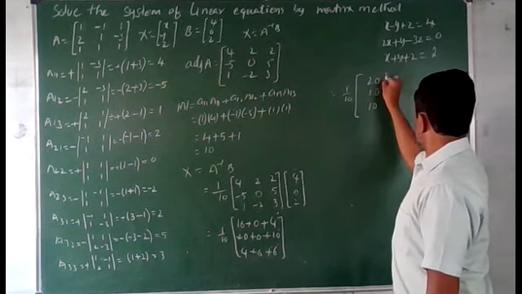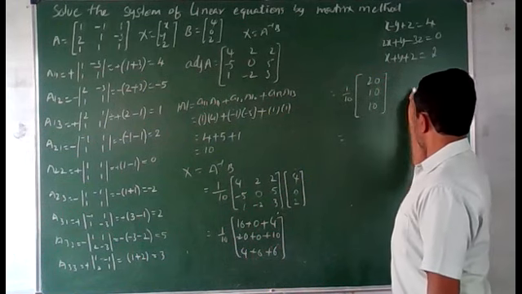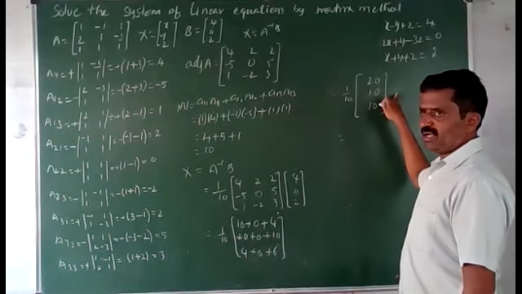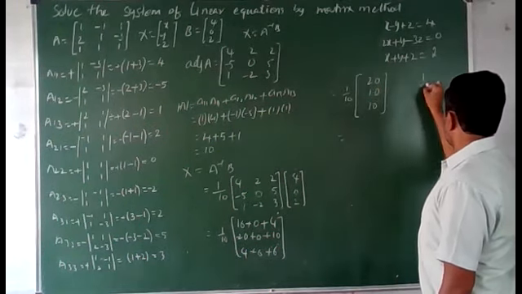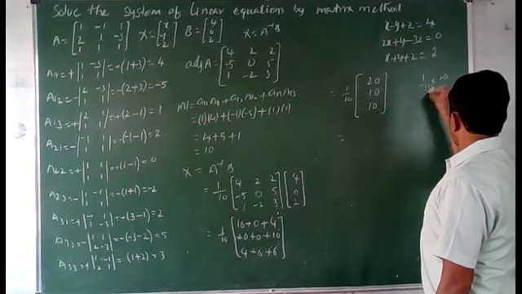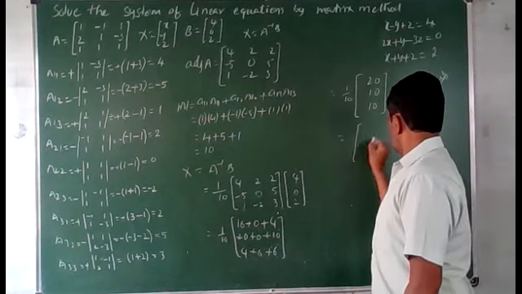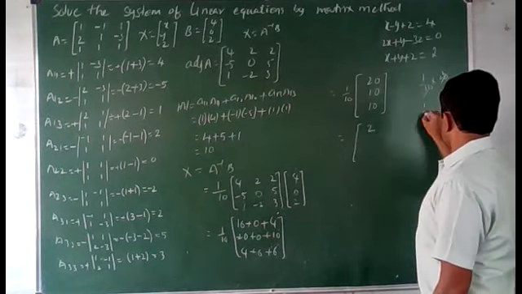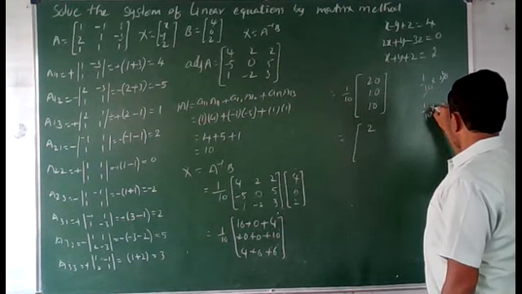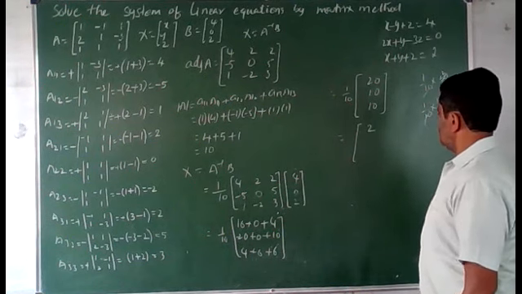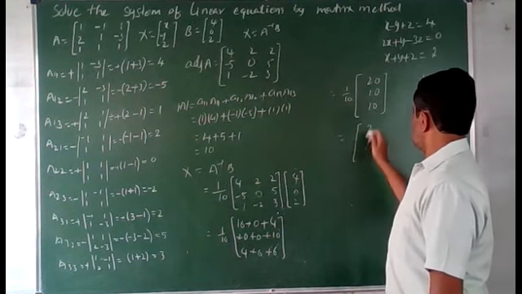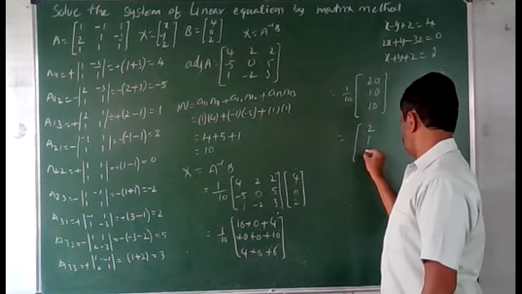Now simplification: multiply 1 by 10 to each element, to get 1 by 10 into 20. 10 twos are 20, that is 2. Again 1 by 10 into 10, that is 1. Again we have here 1.